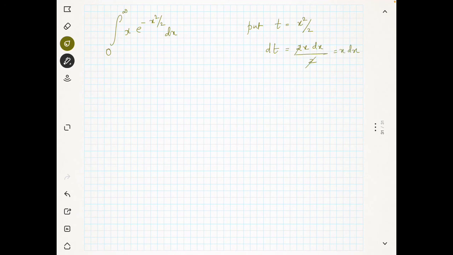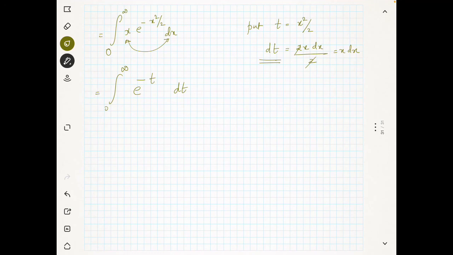So in the integral from 0 to infinity, I have x into dx, which I will replace with dt. Then e power minus x square by 2 is nothing but e power minus t.